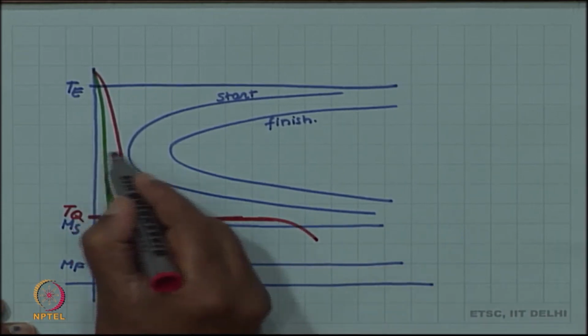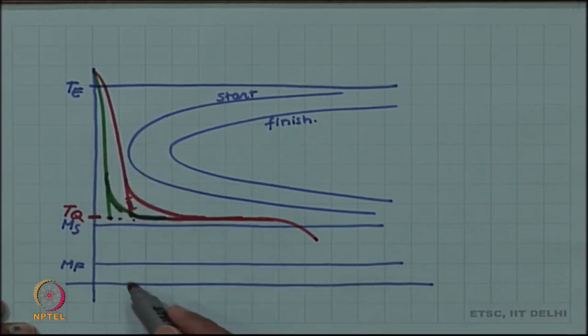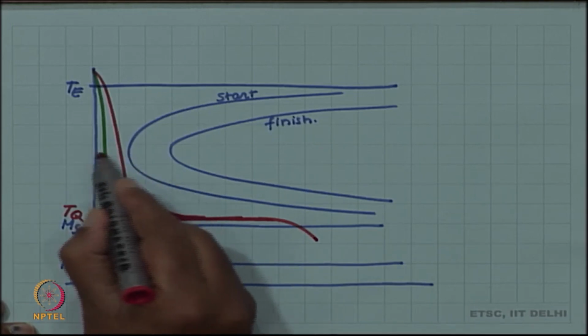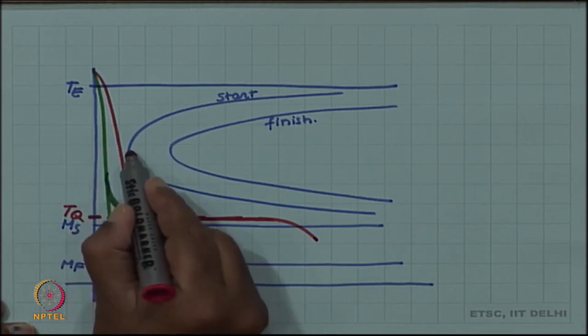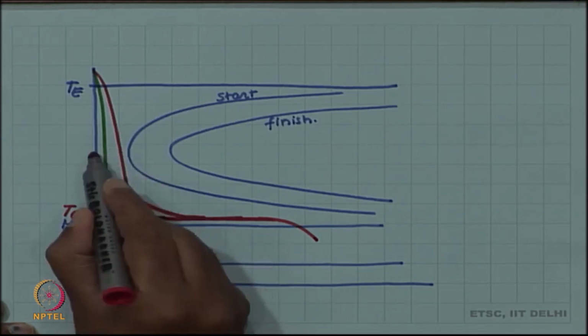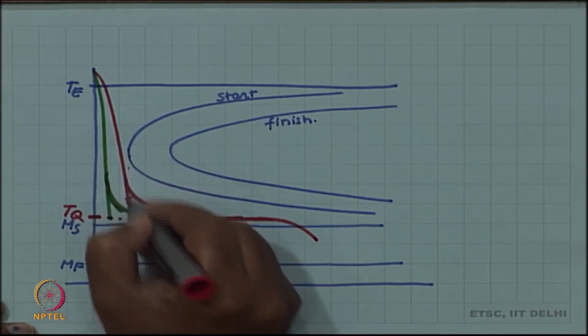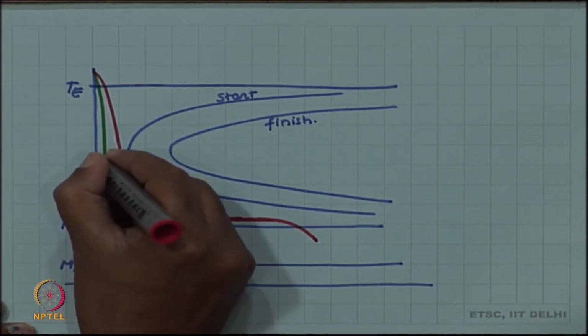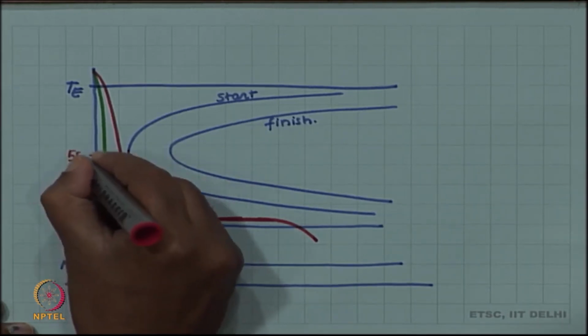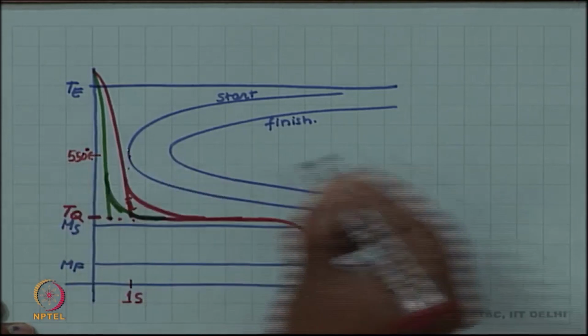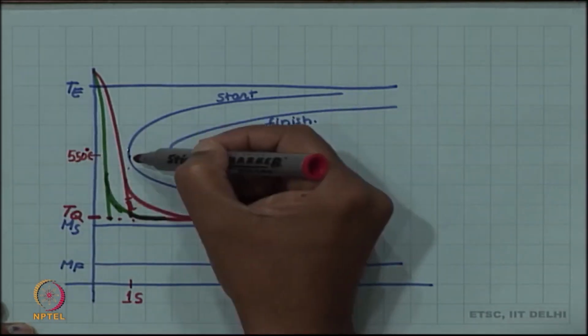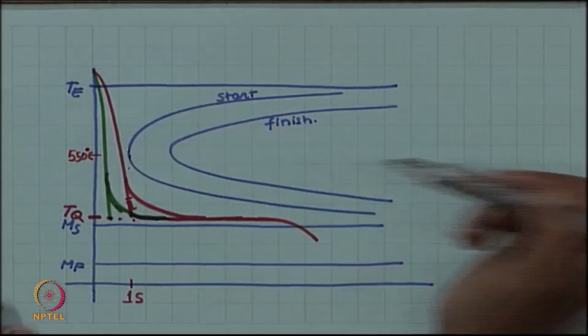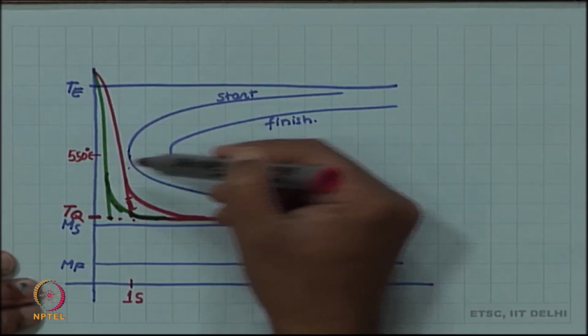Recall that the requirement for quenching to produce martensite was because of this small gate which we had here at the nose. So, we had only about 1 second and the temperature was 550 degrees Celsius. So, in less than 1 second we should cool below 550 degrees Celsius to avoid the nose.